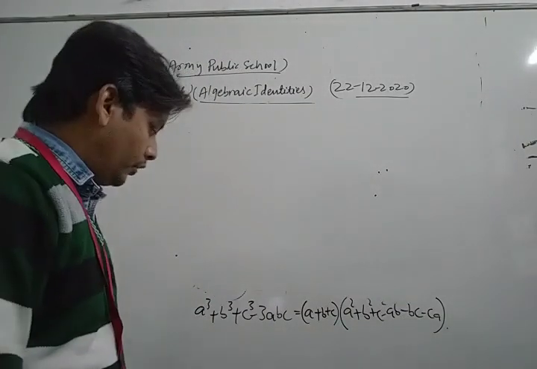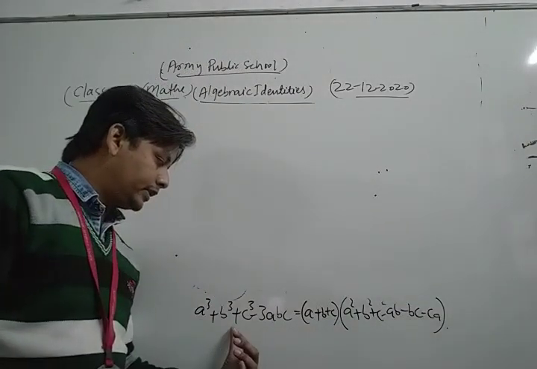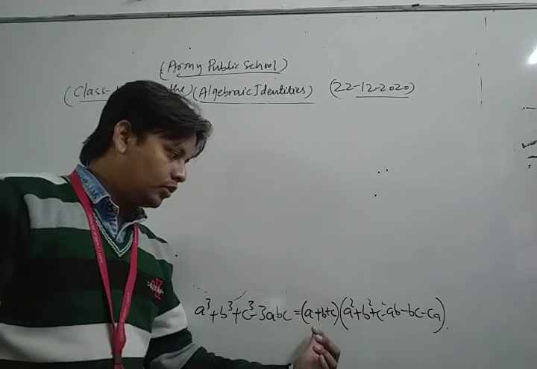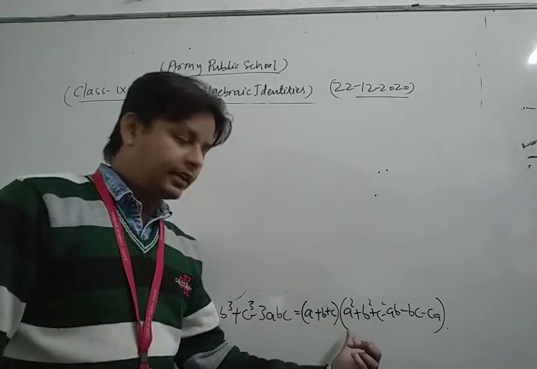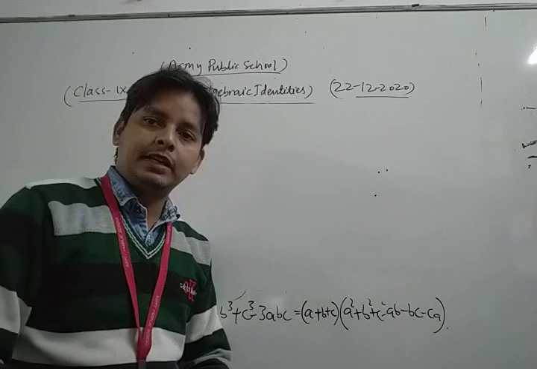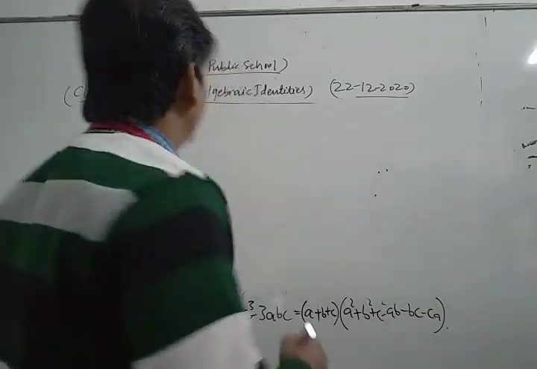Dear students, we have a cube plus b cube plus c cube minus 3abc equal to a plus b plus c in one bracket and a square plus b square plus c square minus ab minus bc minus ca in another bracket.